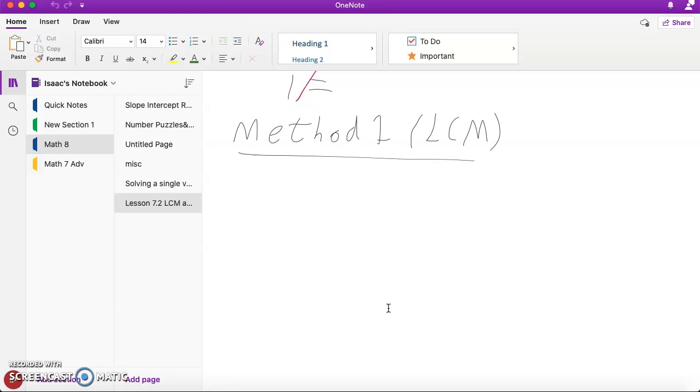So if we have that same problem, and we say 1/3 of x plus 2 is equal to 1/2 x plus 1. This will be much easier if I put my fraction terms, meaning the ones that involve a fraction, in terms of their least common denominator. So sorry, that should say LCD.